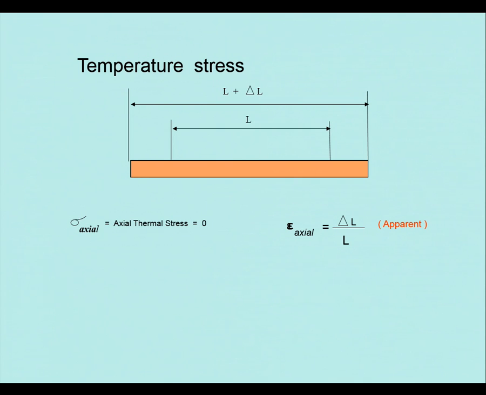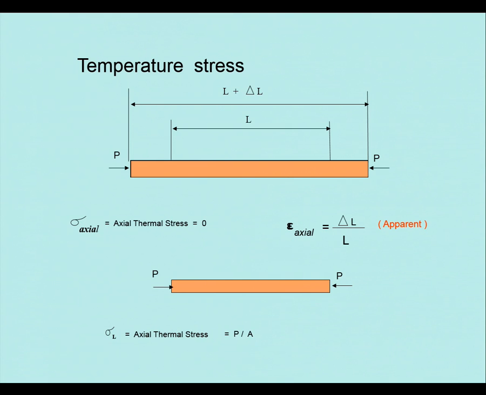But we call this apparent strain, because it's not really a strain. It's just grown in length. If you put a pressure or force on the end, and push it back to its original length, so now it's got no strain because its L is not increased anymore, but you've got an actual stress, P over A, and you've got an actual strain of 0.